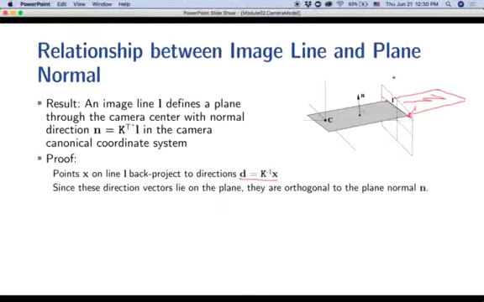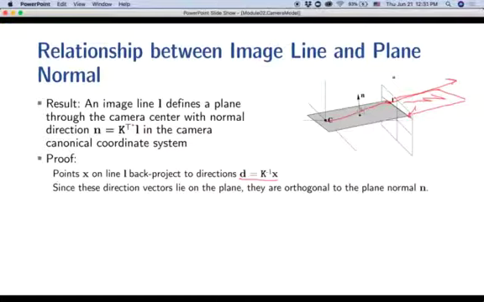Now, let's say there's a point X here, it will back project to this direction, but this ray lies on the plane definitely, because the plane is formed by the whole line back projection, and this is just one point on the line, so necessarily this ray lies on the plane. If it lies on the plane, it's at 90 degrees to the plane normal.